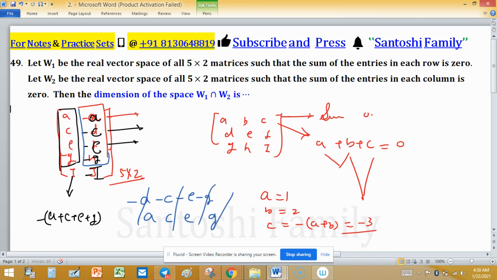So it is perfect. How many independent choices or non-zero values are there here? Maximum non-zero values are A, C, E, G. I is dependent on their sum. So there are 4 independent choices here. So the dimension of W1 intersection W2 is 4.